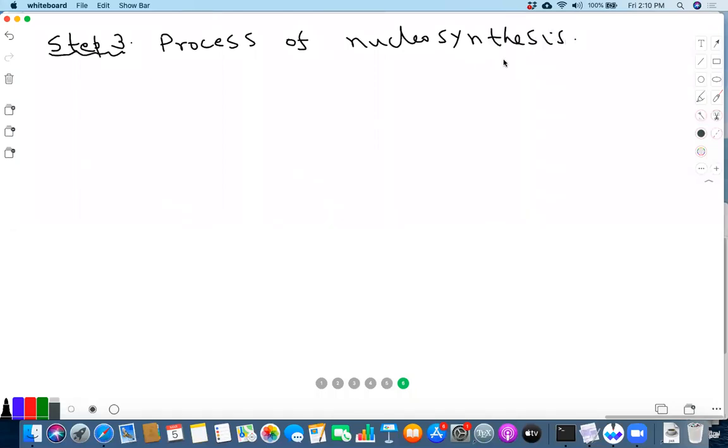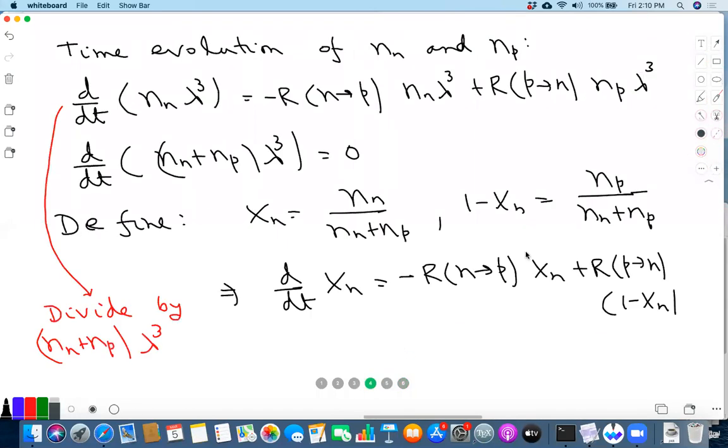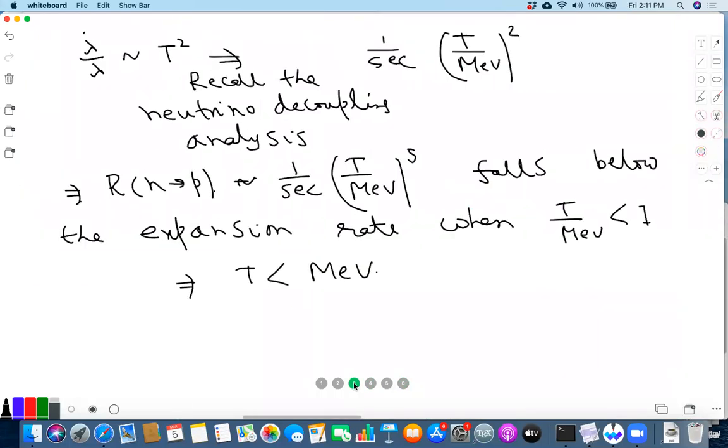Now I should remind you that in order to get this table, you had to use a previous table, because the previous table told us how T nu over T changes as a function of time. That data is needed because the expression for the rates that enter these differential equations clearly depends on T and T nu.